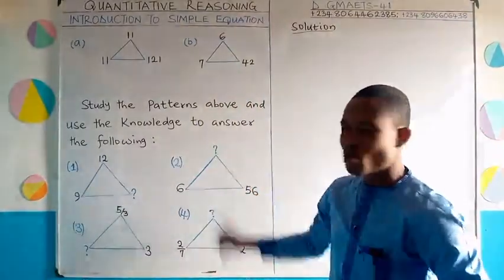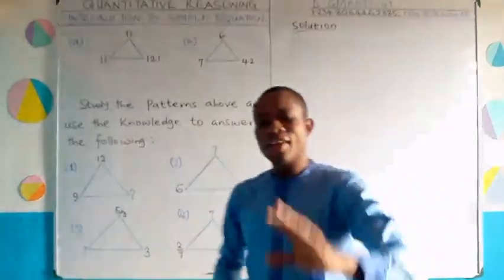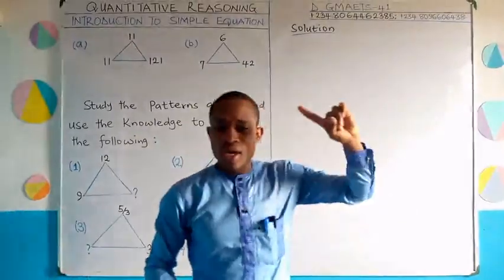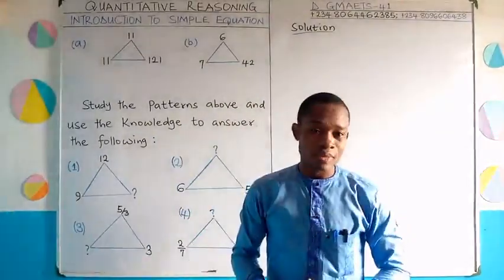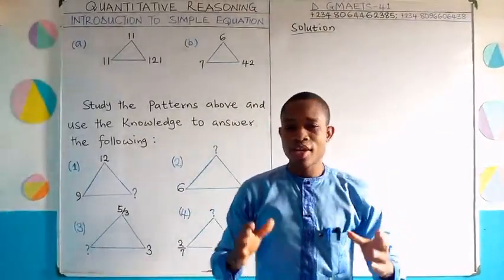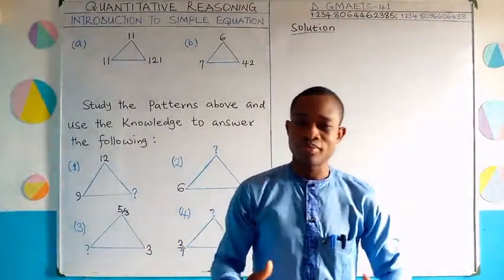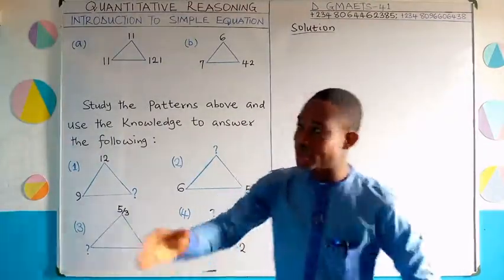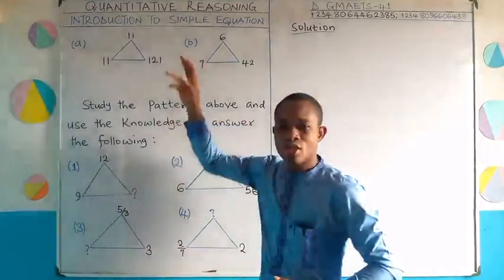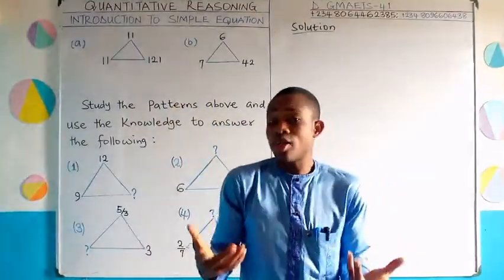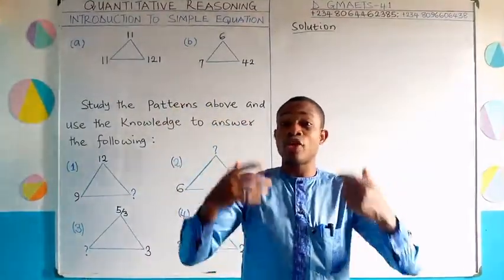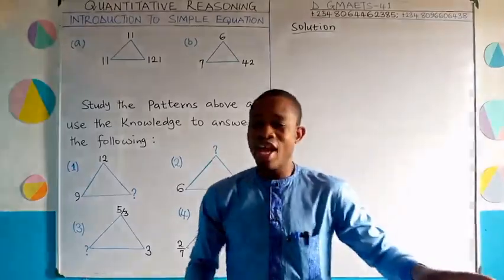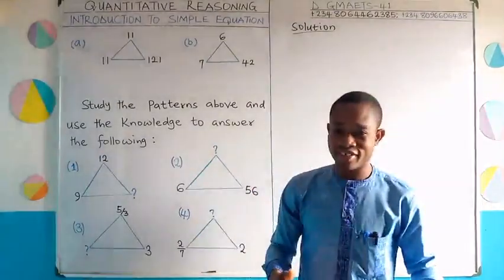We are going to find out what this sample is all about, then use the knowledge to solve these questions. Now, you would remember that in our last class, I told you that when you are given a quantitative reasoning problem, because you were not the one that brought out these samples, it might not be easy to immediately see the sample and tell what was done there.